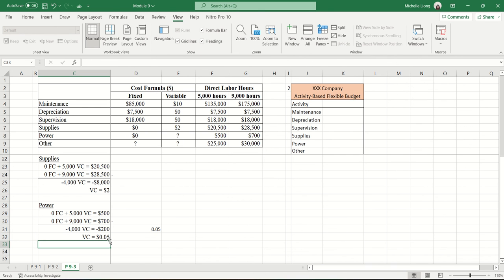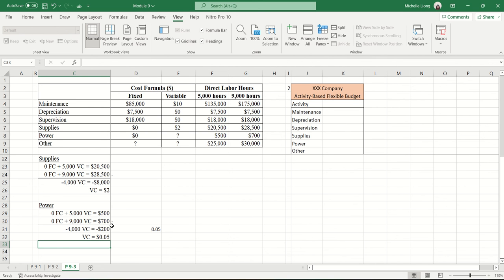0.05. So this is for the power. Okay. And then continue. Wait for a minute. So actually you can find it in the other way without the elimination as well.